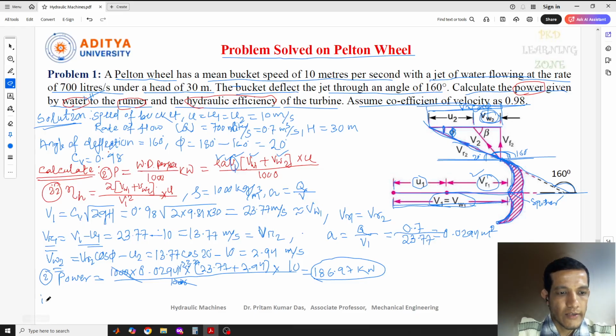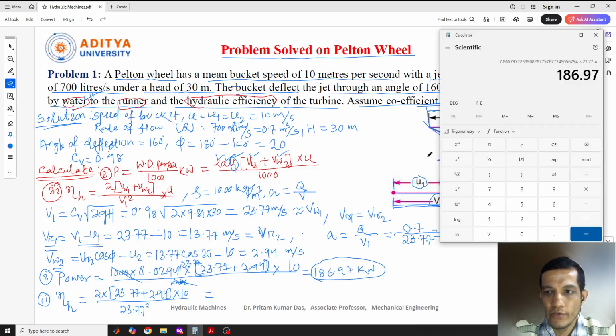And the last one, the second question, is hydraulic efficiency, and the formula I have already written. So this is 2 into bracket VW1, which is 23.77, plus VW2, which is 2.94, into U which is 10, divided by V1 square, that is 23.77 square.